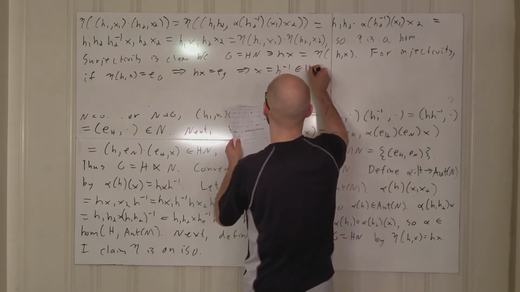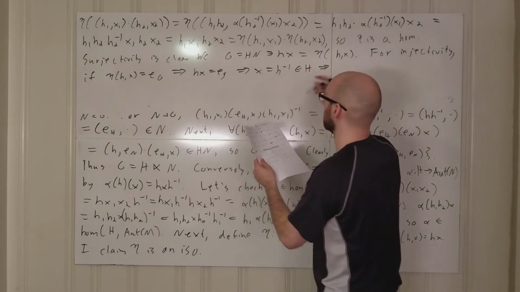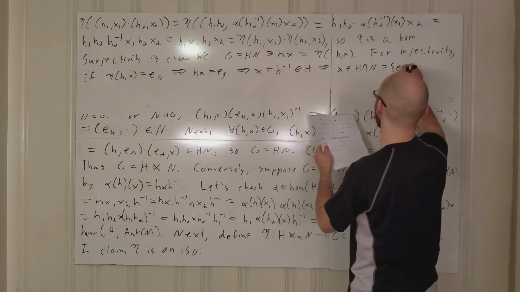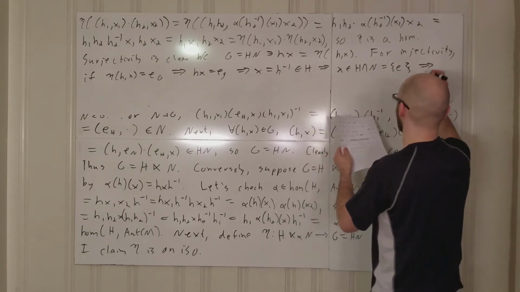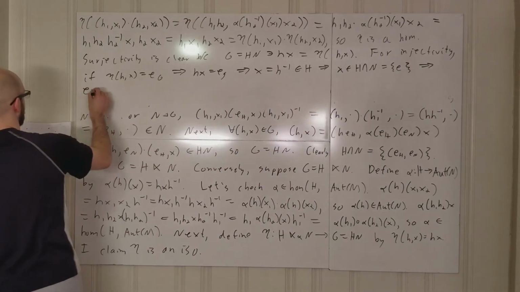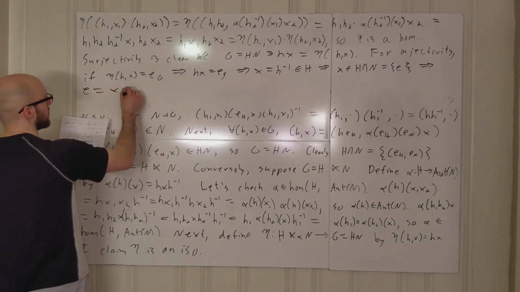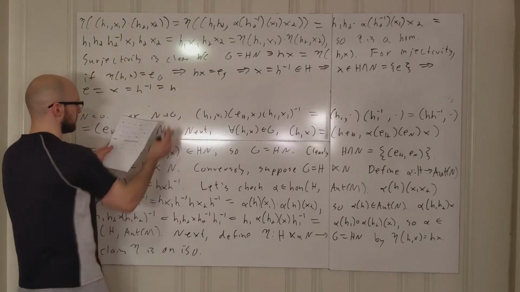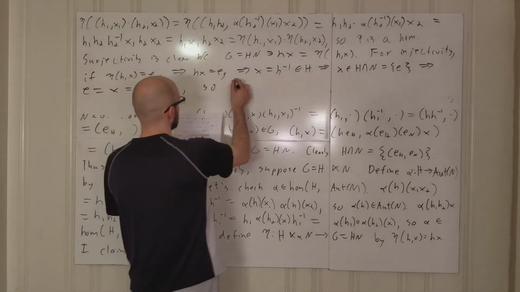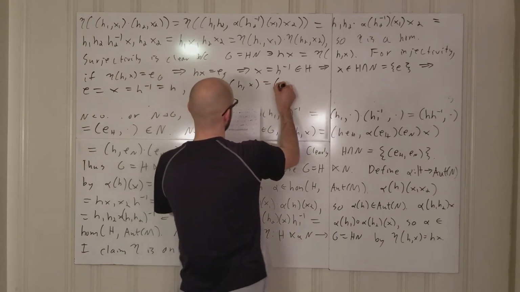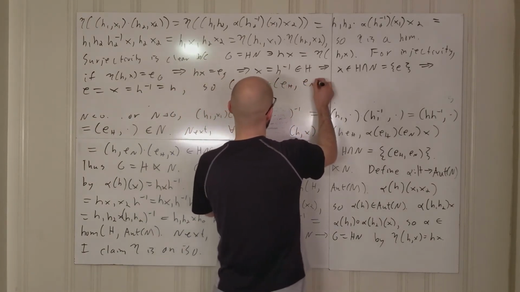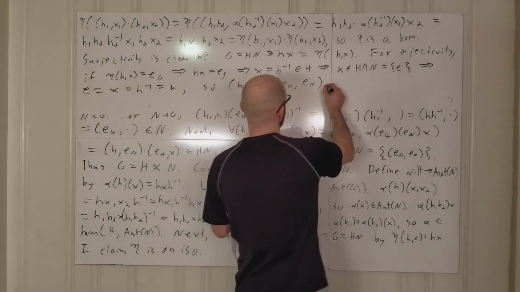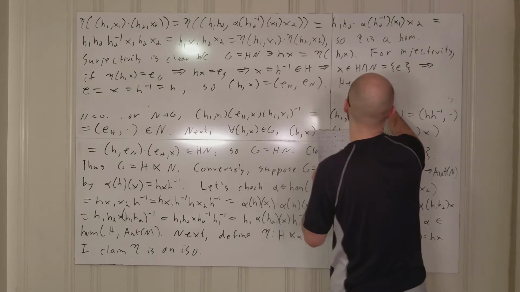But this is an element of H, and so x is in H intersect N, which we know is just the identity element. So e is equal to x, which is equal to h inverse. But if h inverse is the identity, then h is the identity, and so (h, x) equals (e_H, e_N), because they're both just the identity element.